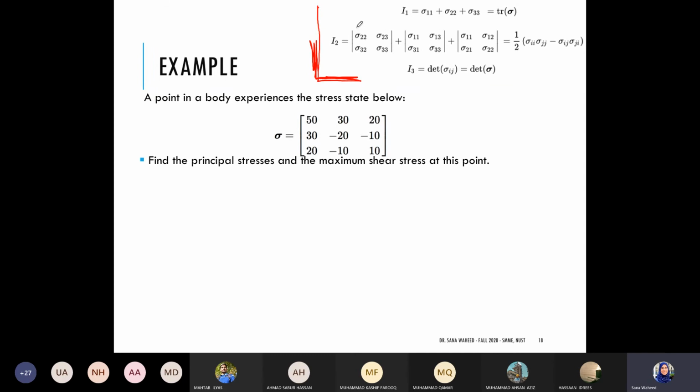Actually, I think it's already been quite a lot. So we'll pick up from this example next week. Okay, guys? Yes, ma'am. Okay, ma'am. That will also give a bit of recap about principal stresses and maximum shear stress. And as you might notice, my voice is about to give out. So we'll pick up from this example next time.